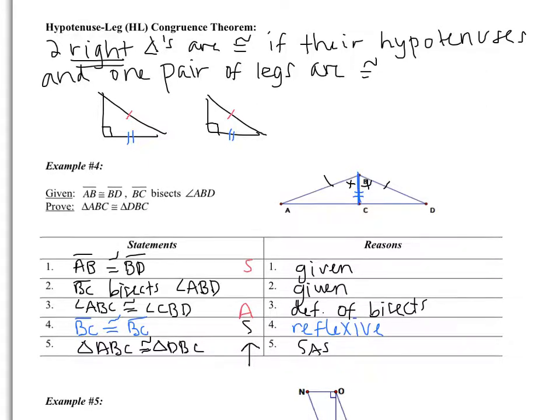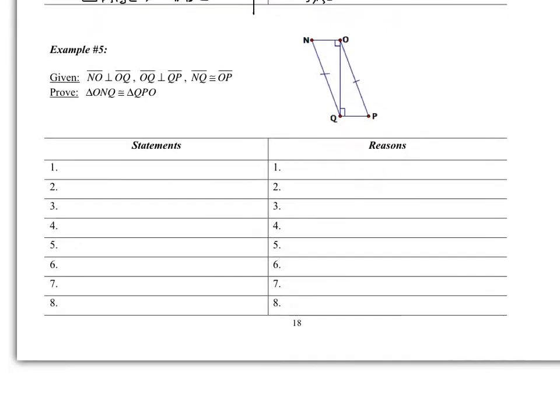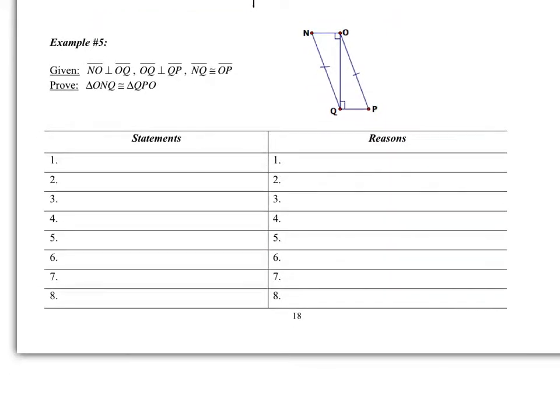Okay, so now let's move on to example 5. So my first statement, I know that NO is perpendicular to OQ, and I also know that OQ is perpendicular to QP. That's a given.